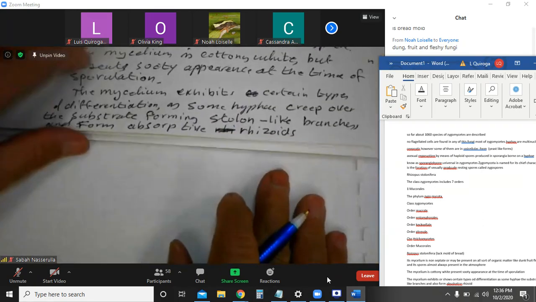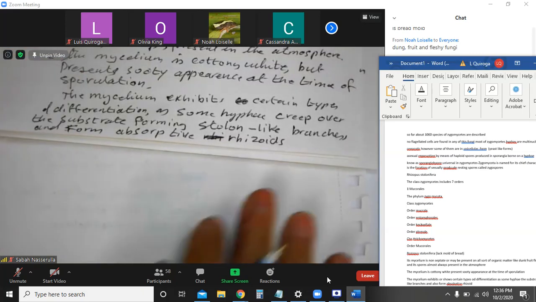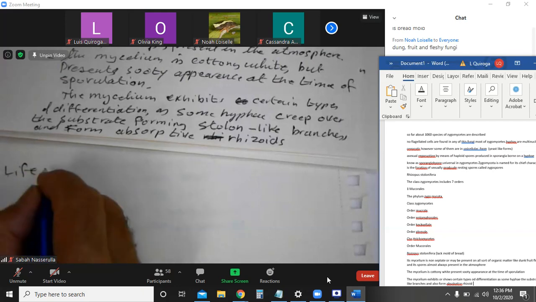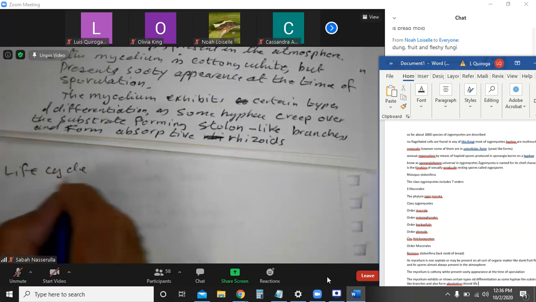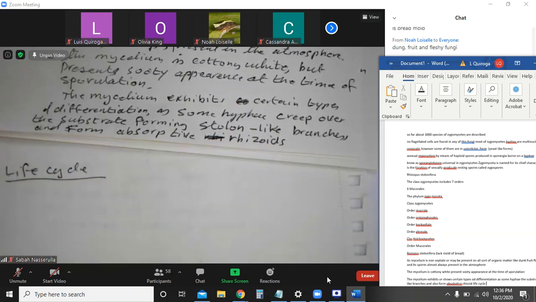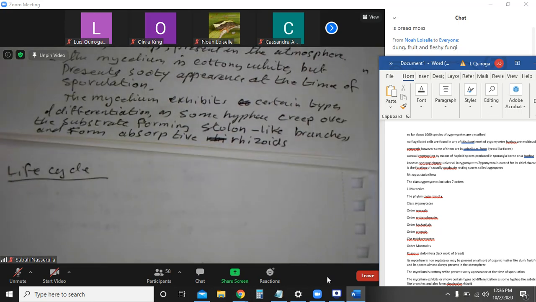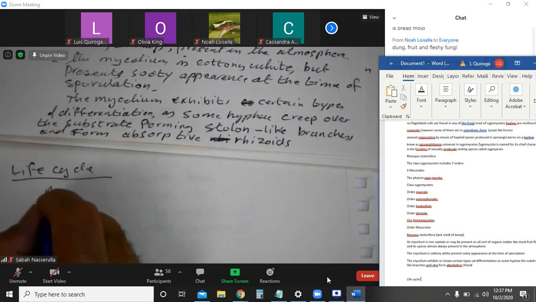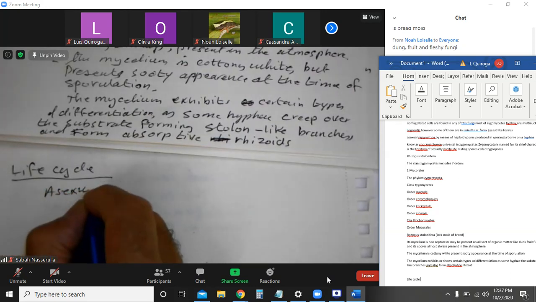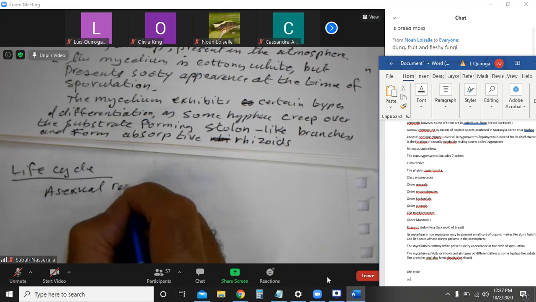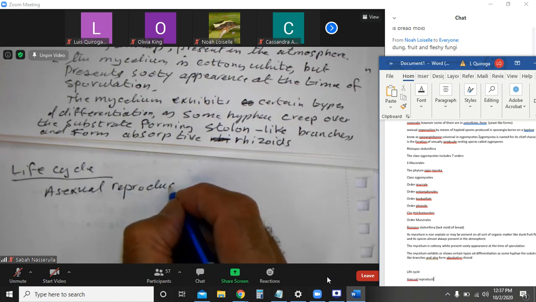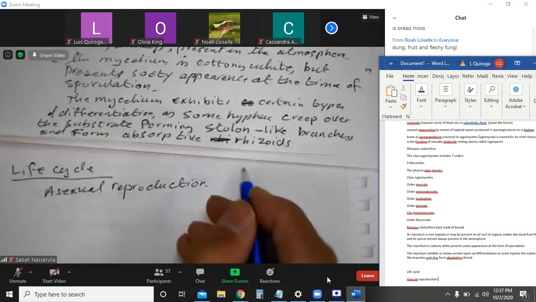That clear? Now I'm going to talk about basically the life cycle. Of course, in the life cycle, we're going to discuss asexual reproduction and sexual reproduction.